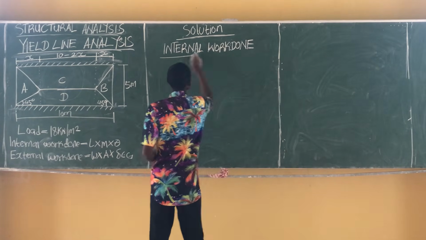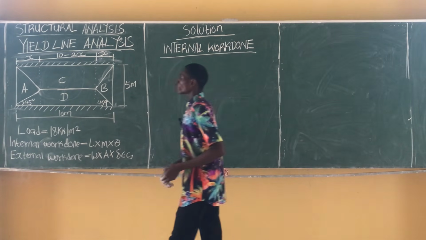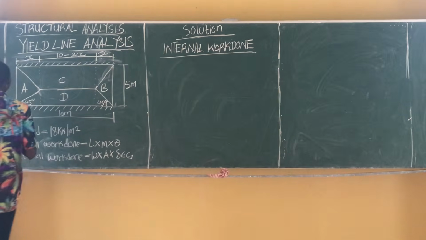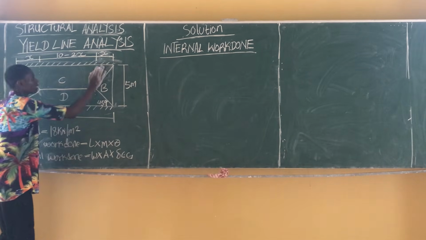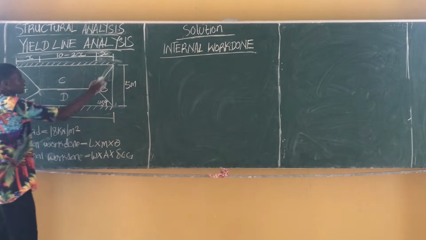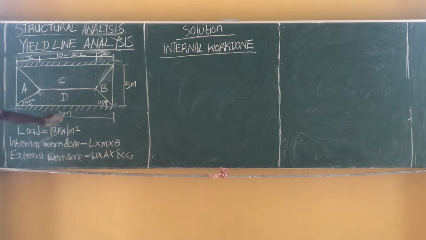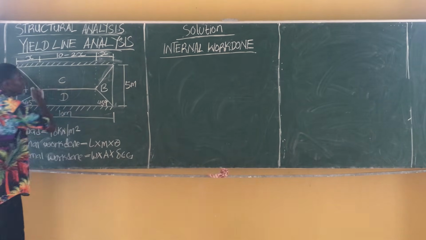We are basically going to get our internal work done at this segment, at this trapezoidal segment, and at this segment. Now here is something we should see. Since this segment is equal to this segment, if we get the internal work done here multiplied by 2, we have gotten the internal work done at these two segments.